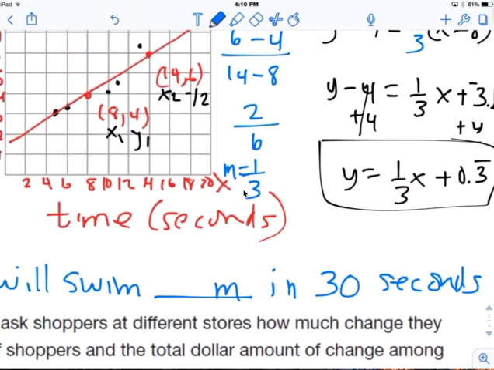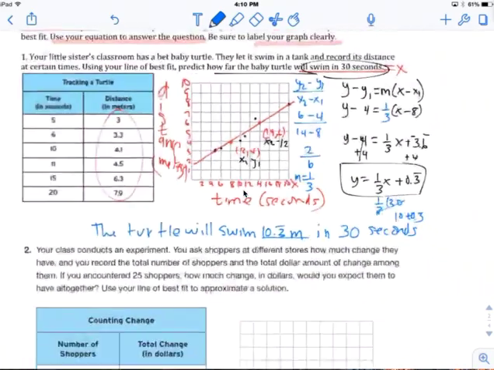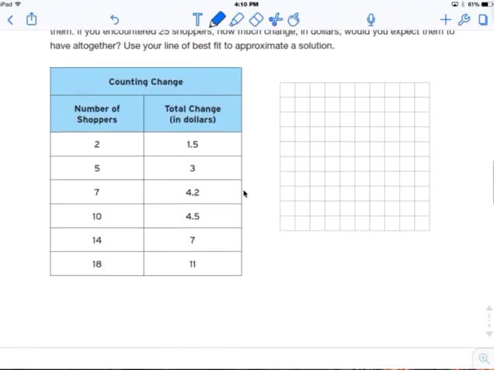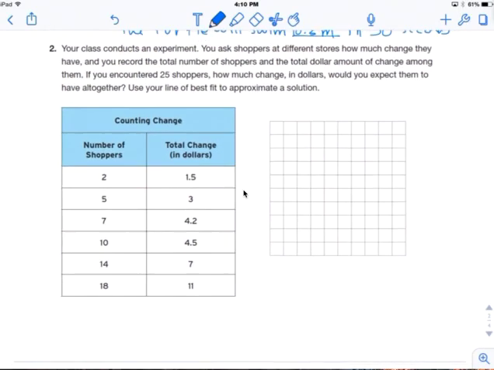So put 30 in there, 1/3 times 30. It's 10 plus 0.3. So it's 10.3 meters, repeating. 10.3 meters. That's what you do.